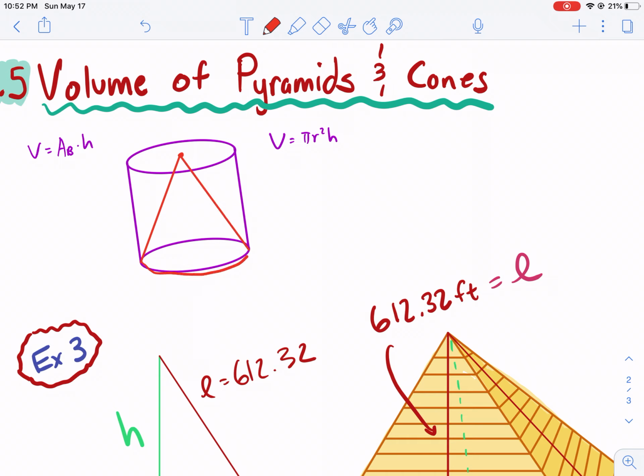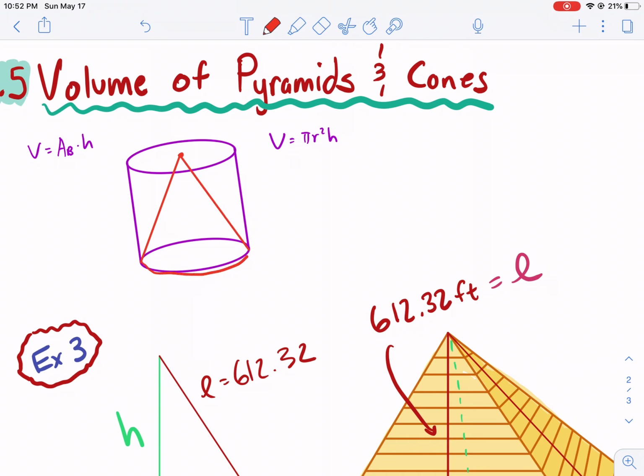It turns out that these volumes have the same proportional relationship to their bigger shape. What do I mean by that? The cone to its cylinder and the pyramid to its prism have the same relationship, and that is that they are 1/3 of the size.